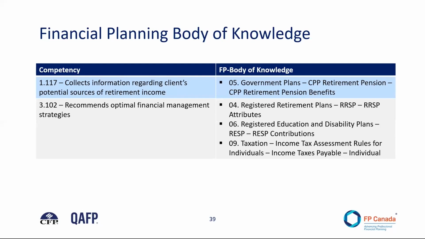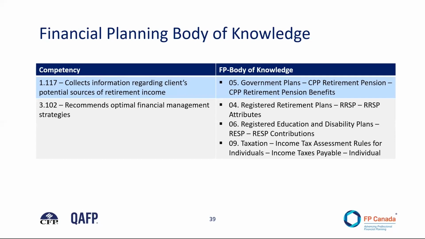In order to recommend the best option for the client, you may need to be knowledgeable about RRSP attributes, RESP contributions, as well as income tax payable by the client. Then use this knowledge to assess the financial management strategies and recommend the most appropriate strategy for the client to help meet their goals and objectives.